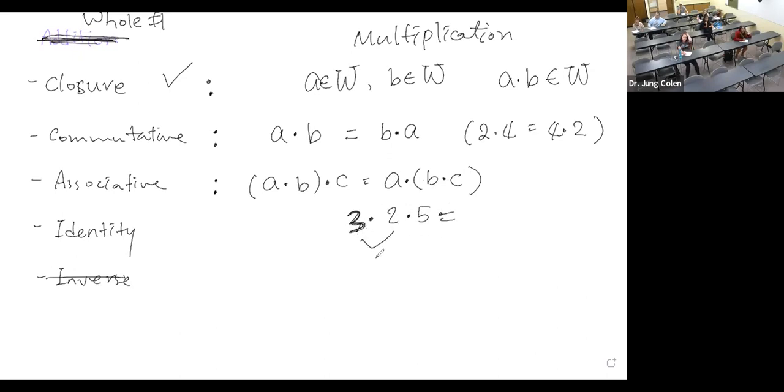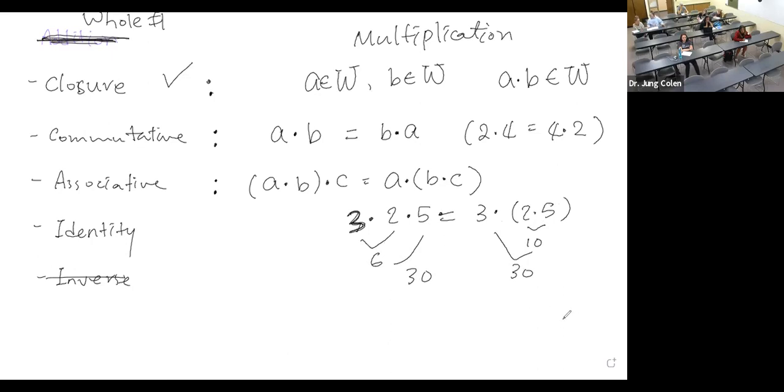So you're gonna do 3 times 2 first, 6 times 5, then you get 30. But for me, I see 2 times 5 first. So I can do 2 times 5 before multiplying by 3. So I get 10, then multiply 3 by 10, so I get 30.